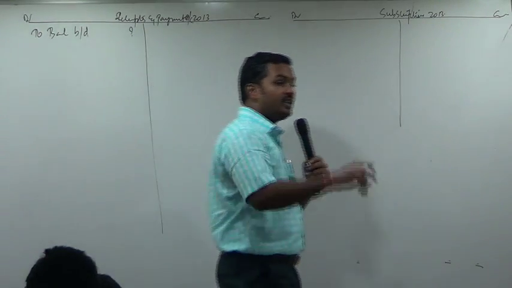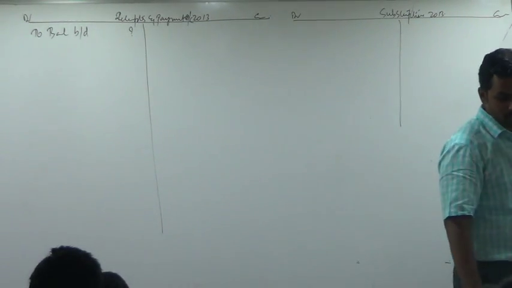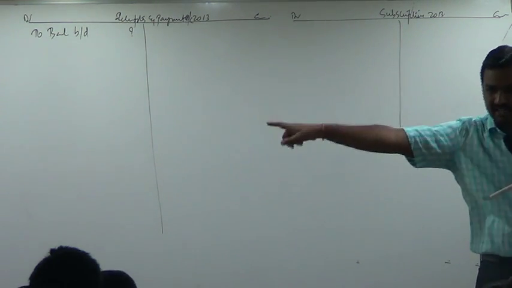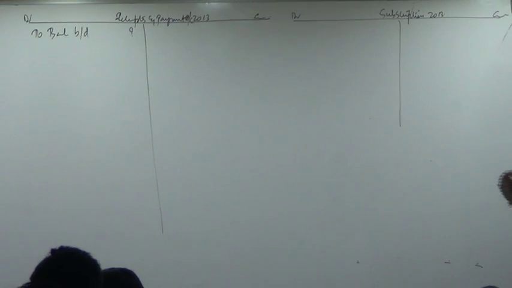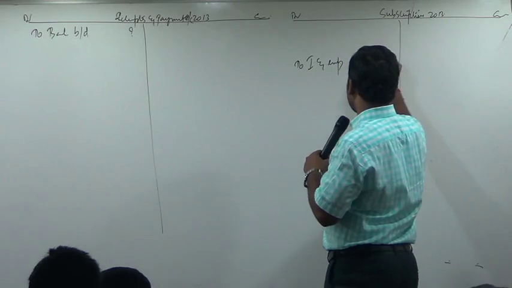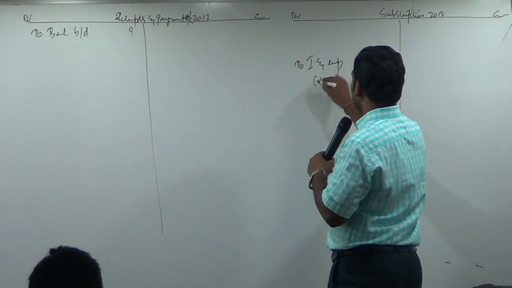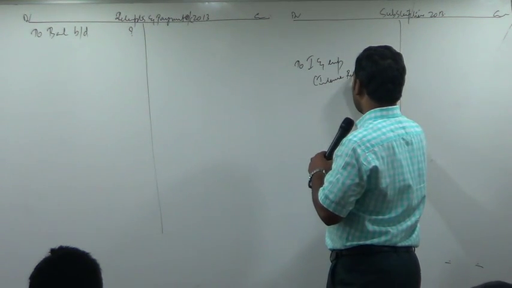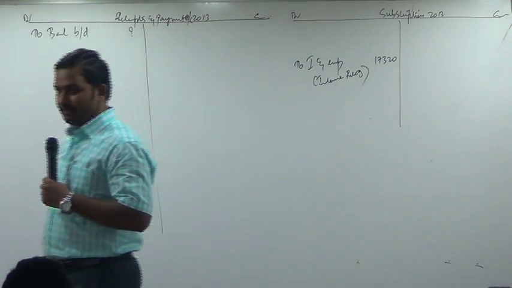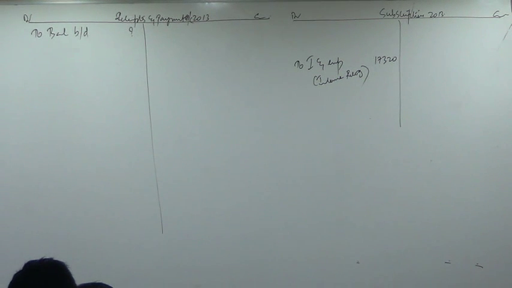So how much was shown as income in the income and expenditure account? 17,320. Now tell me, if income and expenditure account is credited, subscription account would have been debited. So write here: to income and expenditure account, 17,320, income recognized. Now read the last 2 points, points number 3 and 4.